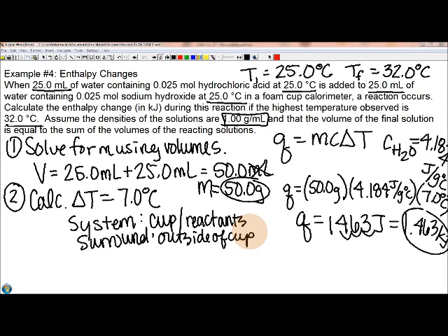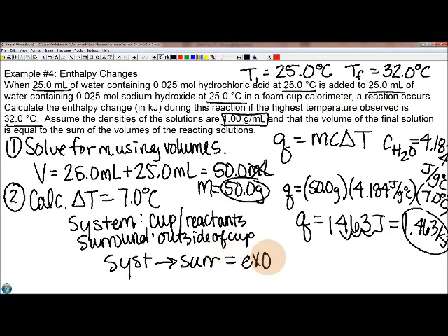If there's a temperature increase, that means that heat is leaving the system. And if heat is leaving the system, so that means that it's flowing from the system to the surroundings, that means that it's leaving, so that means it's exothermic.